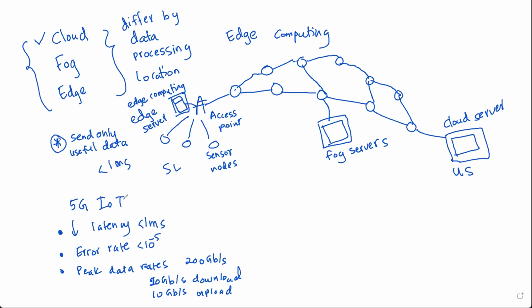So especially in 5G based IoT applications, we need to consider the latency, the error rate, and the peak data rates of the transmission. Basically, those are the aspects I wanted to discuss.